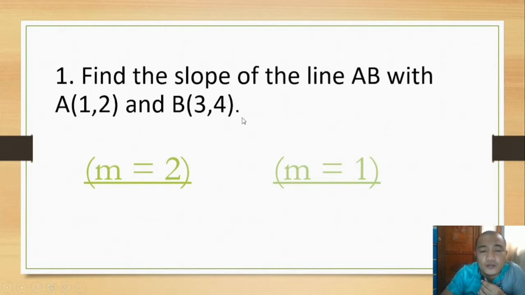In short, we subtract the y coordinates in the numerator, all over the x coordinates subtracted in the denominator. So we have the slope 4 minus 2 is 2, all over 3 minus 1 is 2. So we have 2 over 2, which is equal to 1. The answer is 1. So the slope of the line AB is 1. Very good.